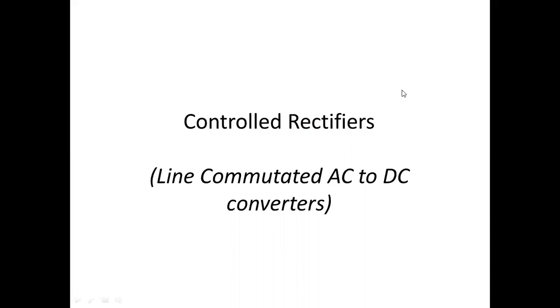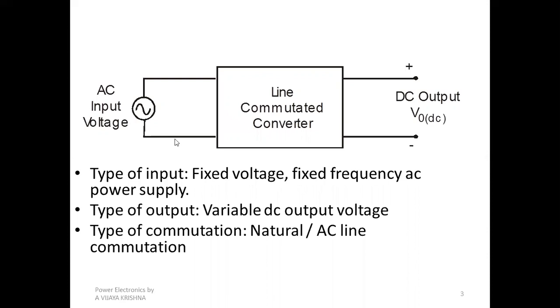We will see how the phase control rectifier can be run with single phase and also three phase AC supply systems, and what applications we will observe. Here, it is a line commutated converter. A line commutated converter is a natural commutated converter.